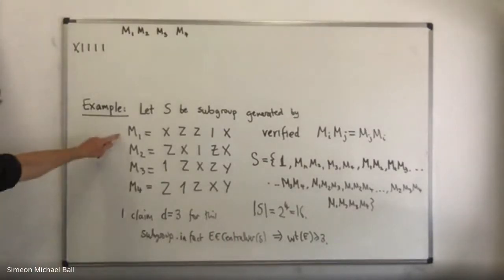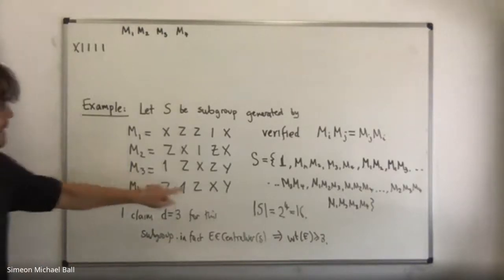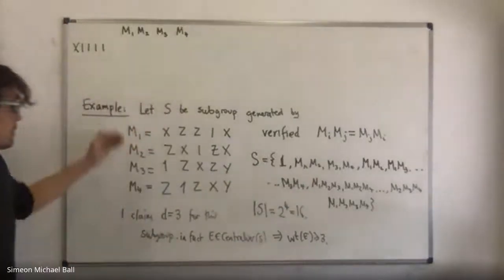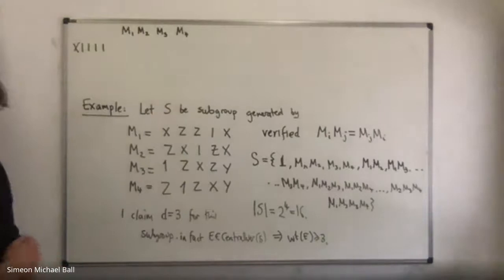Because anything in the subgroup also has weight at least 3. So there's no way to get a combination. If you write down all of these 16 elements, you won't find anyone apart from the identity whose weight is not 3 or more.